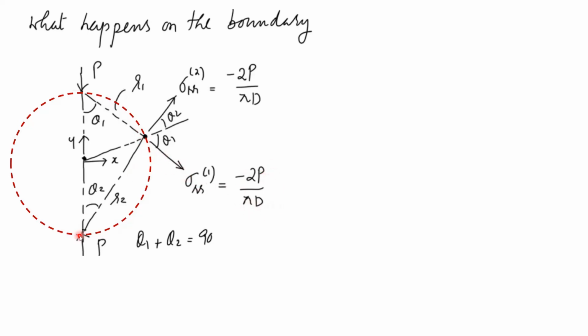From the second Flamant solution, you have sigma rr2 acting in this direction as shown here, and with the radial direction of the disk, the angles will become theta 2 and theta 1 as shown here, with theta 1 plus theta 2 as 90 degrees. So all you have to do is find the components of these stresses along the radial and tangential directions at the boundary.